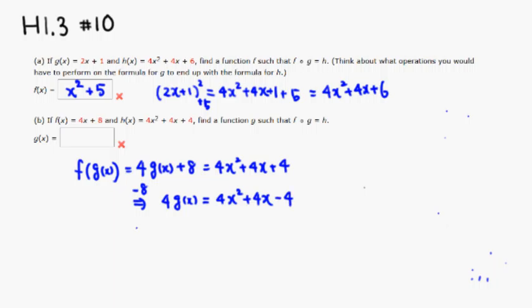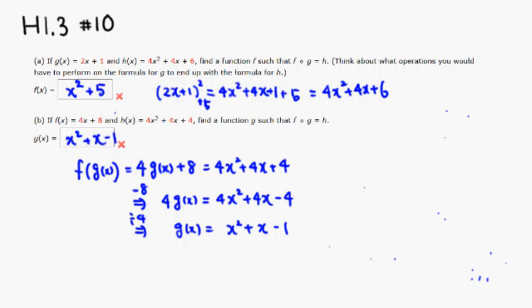Then we divide through by 4, so we have g of x: x squared, 4x divided by 4 gives x, negative 4 divided by 4 gives negative 1. So we found g of x to be x squared plus x minus 1.